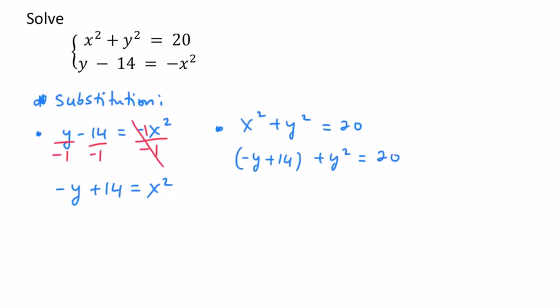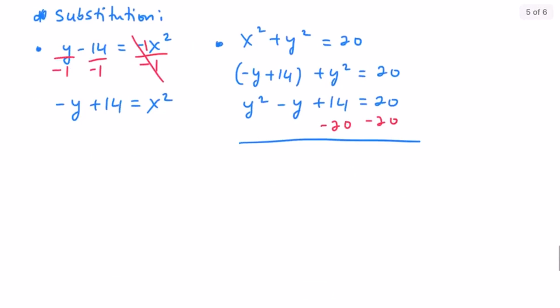That is y squared minus y plus 14 is equal to 20. Get 0 on one side, so minus 20 over. So we have y squared minus y minus 6 is equal to 0.